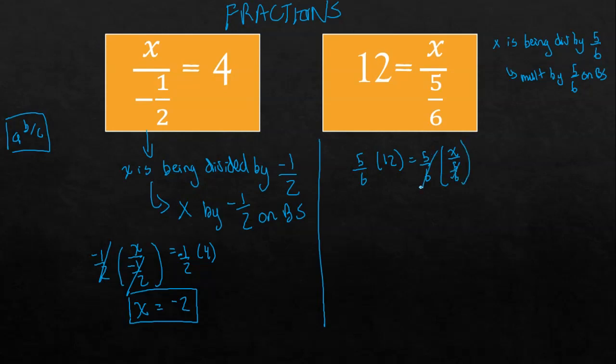That gets rid of this fraction. And if you don't have the fraction button, you can go 5 times 12 in your calculator and then divide by 6. That will give you 10 is equal to x. Or you can use the fraction button, 5/6 times 12, and your answer is 10.